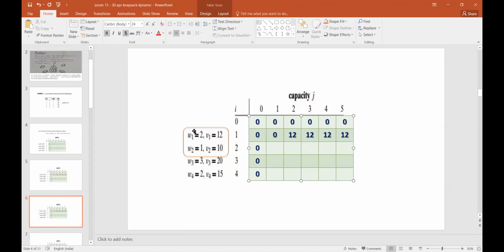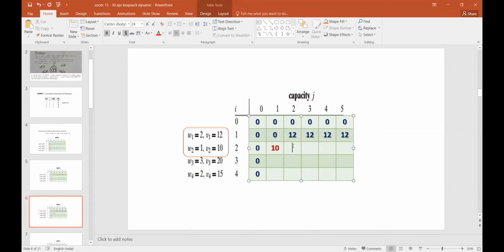I cannot put object 1 because its weight is 2. But what is the weight of object 2? Here W2 equals 1, it is having 1 kg only. If the capacity is 1 kg, yes, I can put object 2. So if I put object 2, the profit is 10. I must write 10 here.